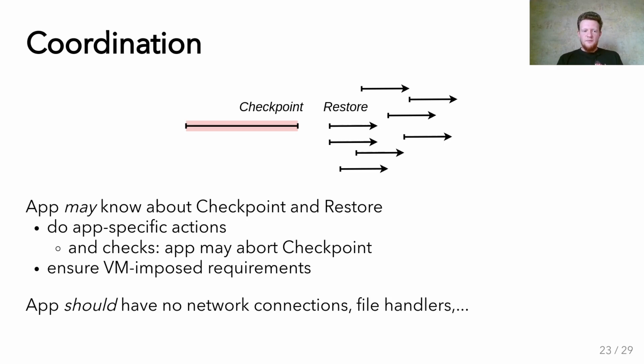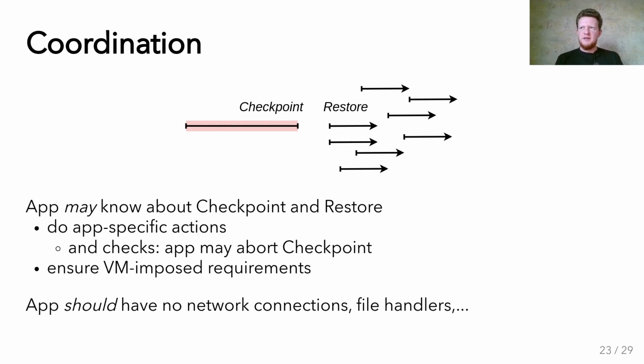Actually, from the JVM point of view, we must say that some application states are not suited for checkpoint, by inspecting the JVM state. If we find an open file handle or network connection, we abort the checkpoint. Why?